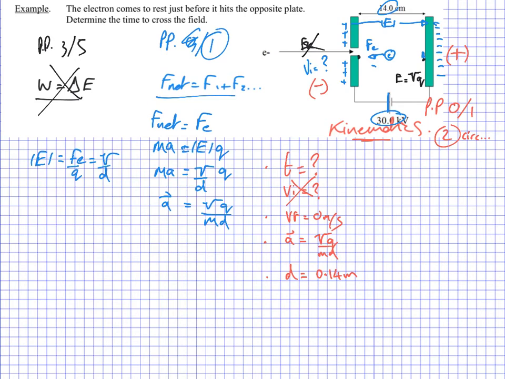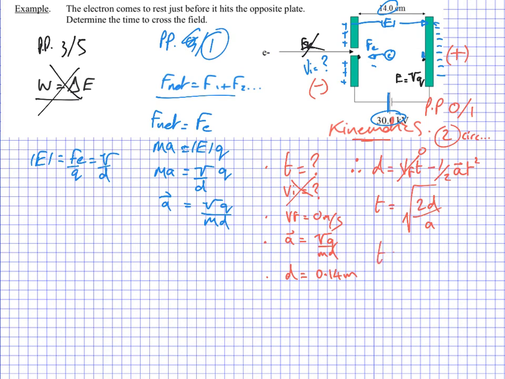And so hopefully you can see I'm going to be using d is equal to VFT minus 1/2 AT squared. My VF is 0, so that makes it a little easier. I can rearrange this and say that time, which is what I'm trying to find out, is 2d over a, all square rooted.